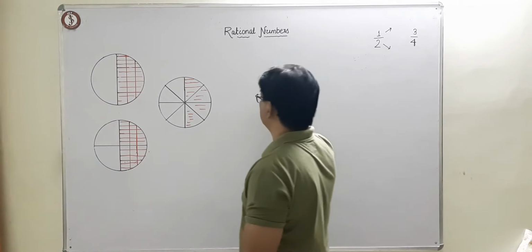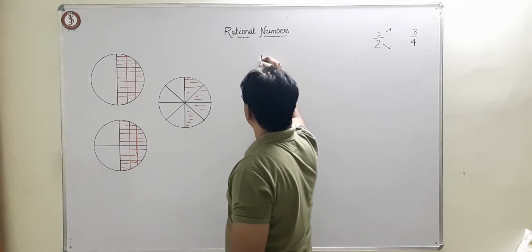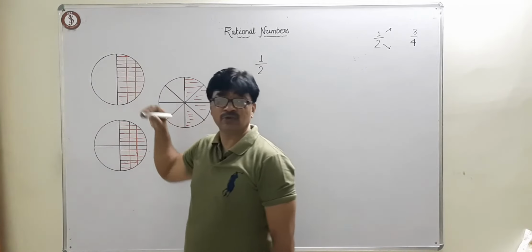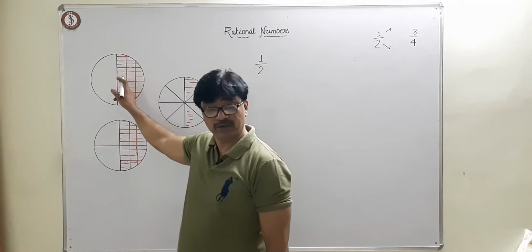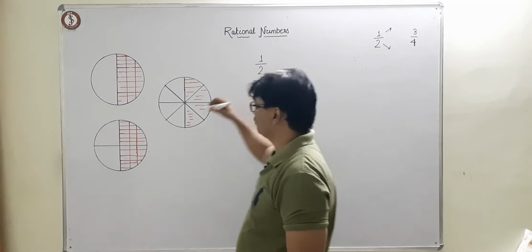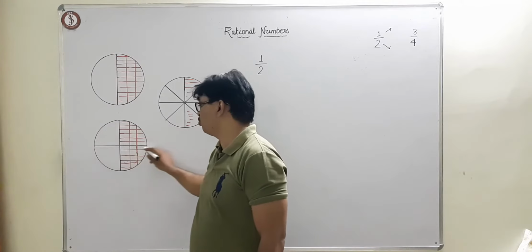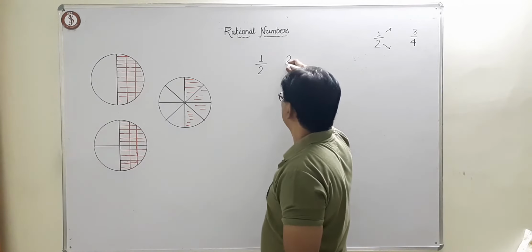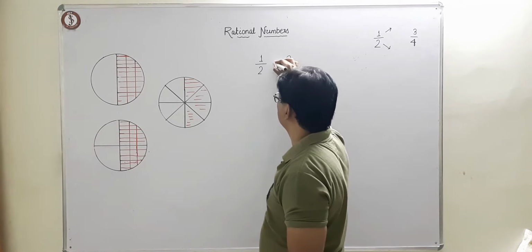Now let us see 1 by 2. If a thing is divided into 2 equal parts, say the bread, and 1 part is given, and if a bread is divided into 4 equal parts and 2 parts are given, by the figure you can understand that your share will be the same.